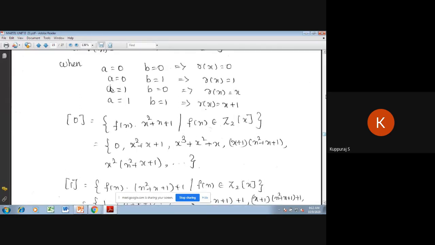If f of x is 0, then 0 into x square plus x plus 1 is 0.